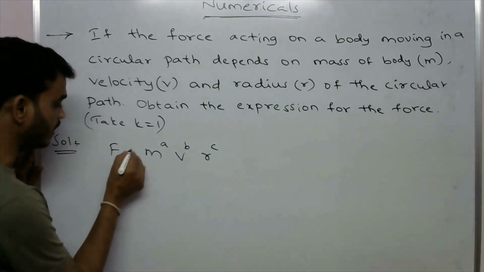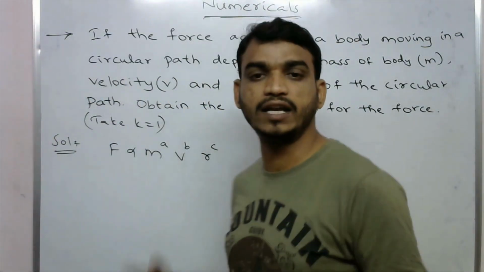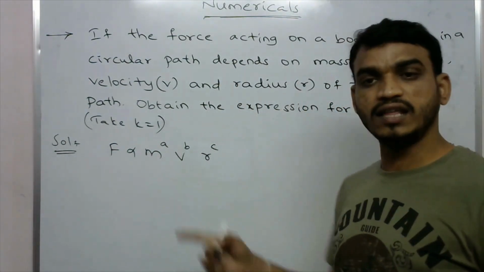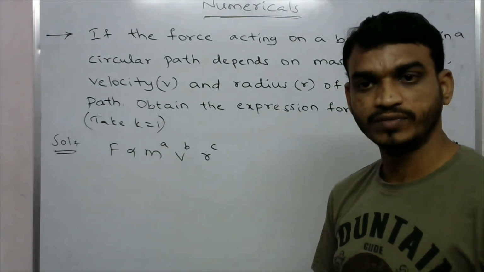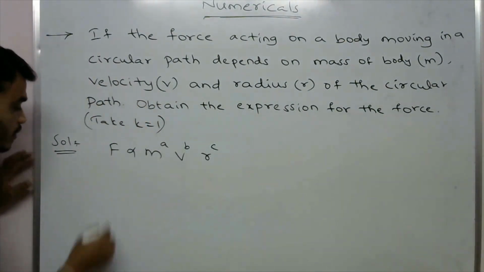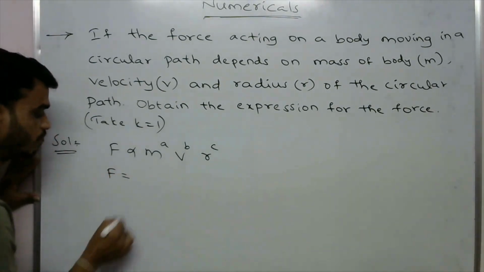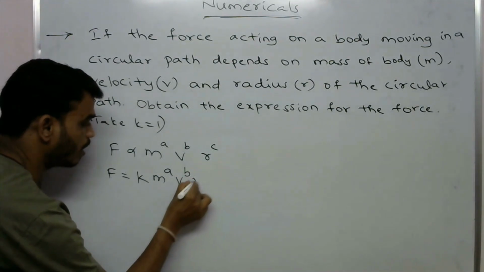So F is directly proportional to m to the power of A, v to the power of B, and r to the power of C. In this we have to find out the A, B, and C values. Okay, so now this can be written as F is equal to K m to the power of A, v to the power of B, r to the power of C.